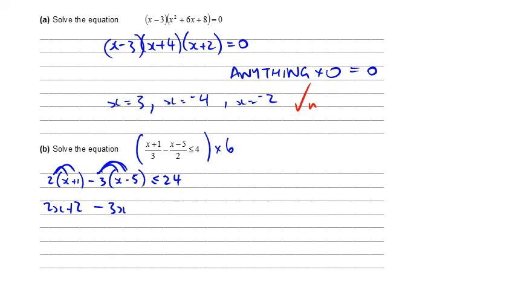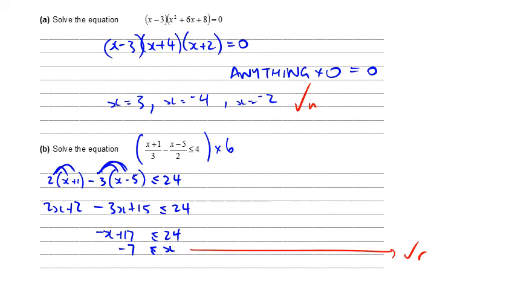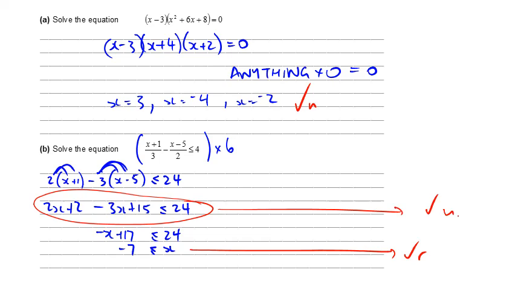Negative 3 times negative 5 gives me positive 15. Okay, so therefore I've got negative x plus 17 is less than or equal to 24. So negative 7 less than or equal to x. That part there was your merit. And if you'd got to, I think you'd got to here, potentially it wasn't achieved.